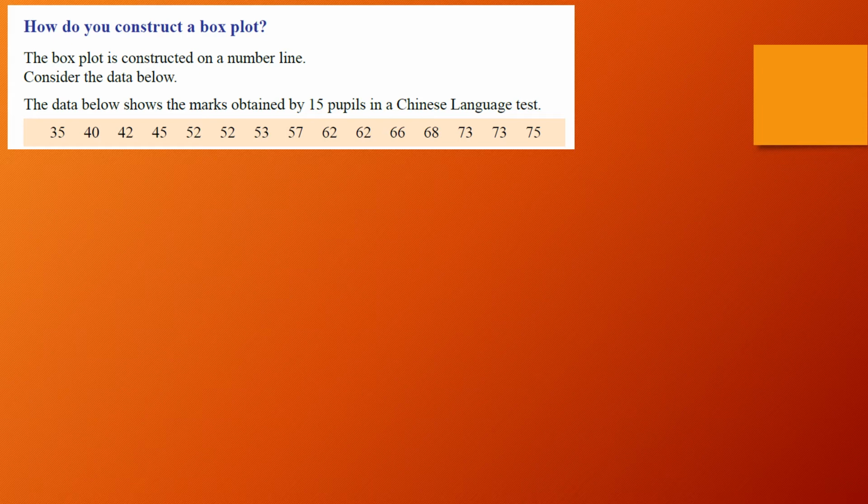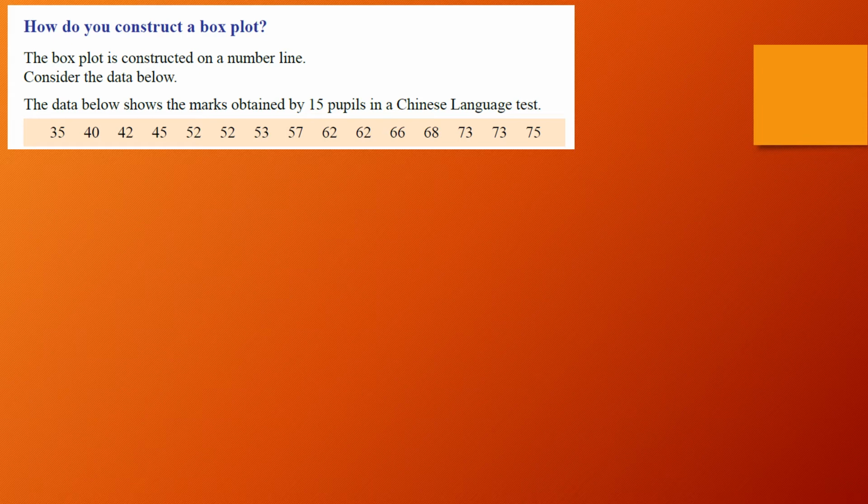So first we identify where the median is. In total we have 15 data, so we look at the center. The center will be 57. So we have 2, 4, 6, 8 on one side, and on the other side 2, 4, 6, 7.